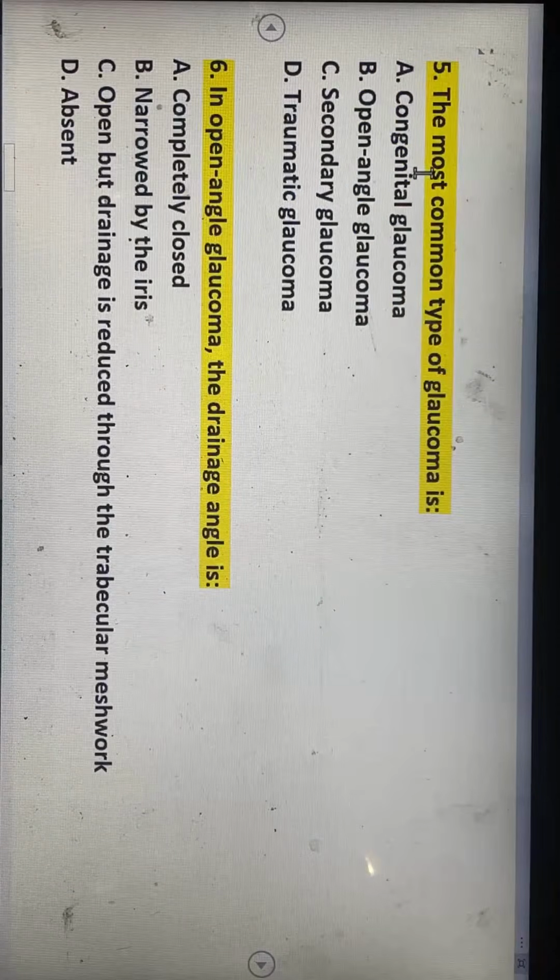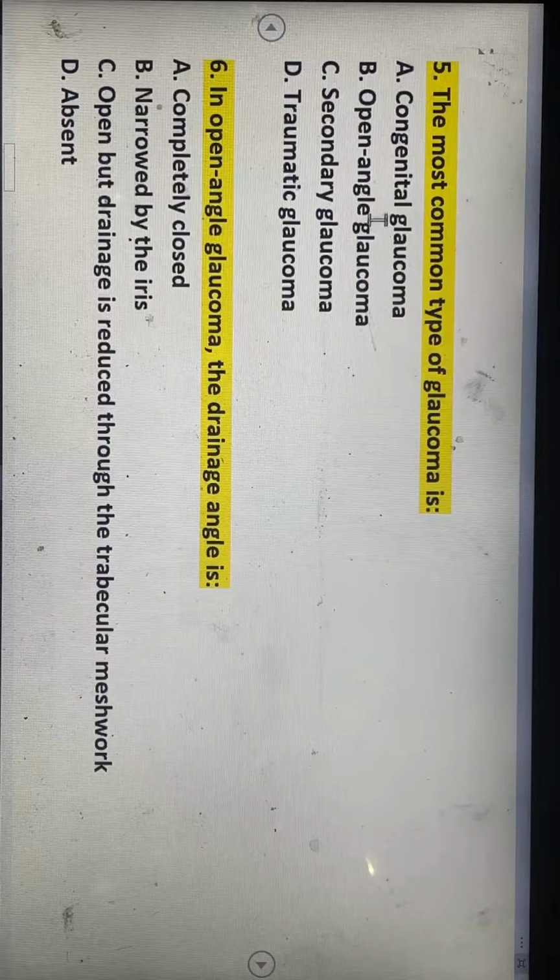Number five, the most common type of glaucoma is A, congenital glaucoma, B, open angle glaucoma, C, secondary glaucoma, and D, traumatic glaucoma. So what is the correct answer?